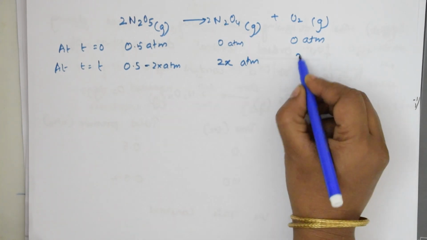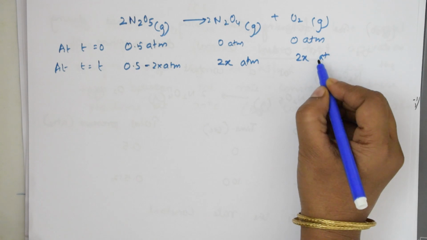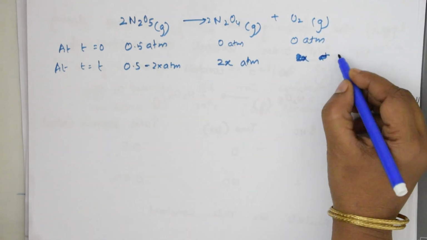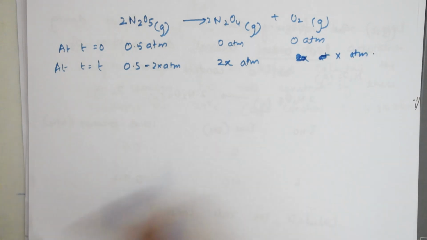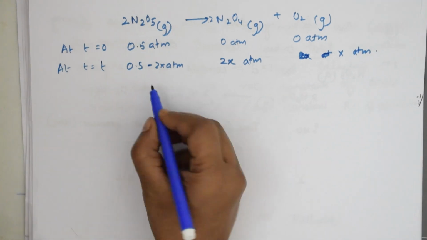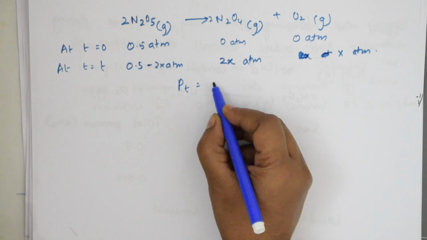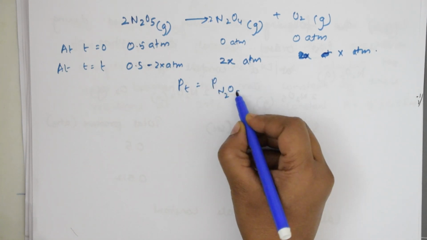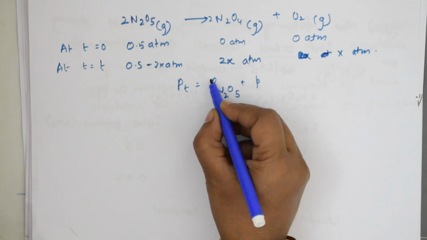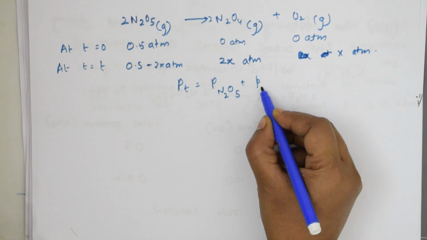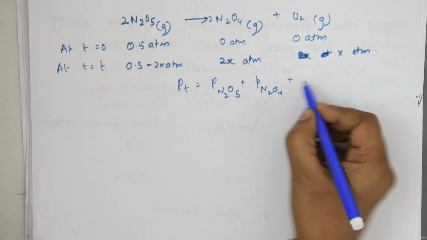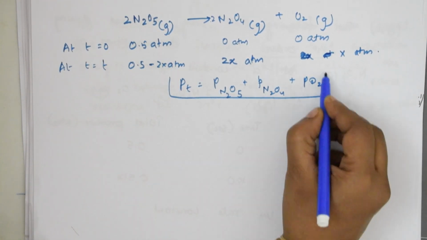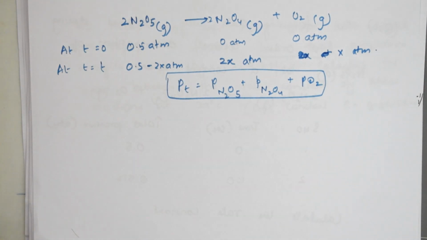And this also, no, this is not 2x, it is only x atmospheres, because here this is 2, this is only x atmospheres. Now, total pressure is equal to the partial pressure of N2O5 plus the partial pressure of N2O4 plus the partial pressure of oxygen. Total pressure, partial pressures. Let us add all three.